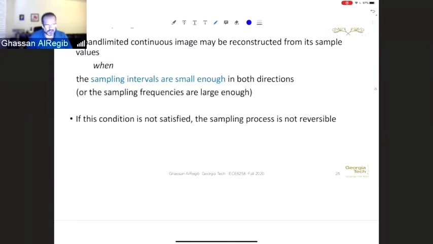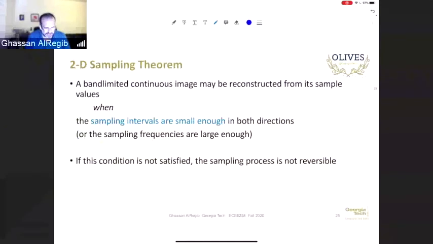So far, what we have been doing is that for a two-dimensional signal, as long as we have a band-limited signal, and our choice of capital X and capital Y satisfies the conditions on this band-limited signal, then we can fully recover our signal, at least in theory, using the sinc functions.